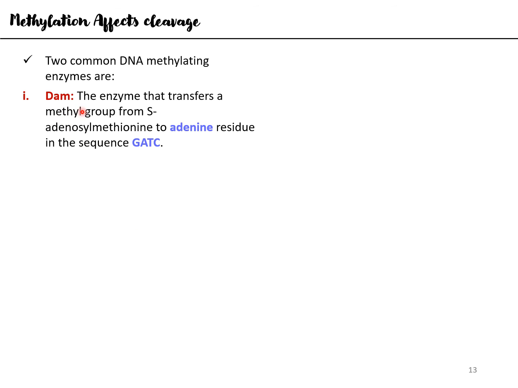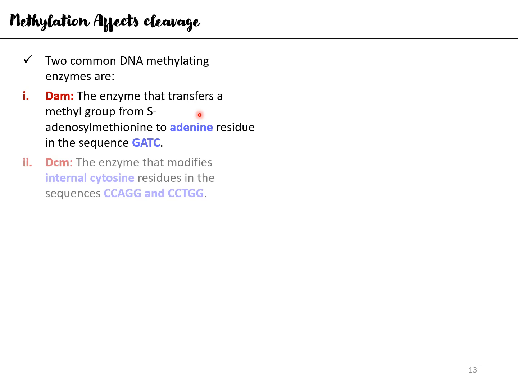So Dam is basically an adenine methylase. The other one is Dcm, which is a cytosine methylase. Dcm modifies the internal cytosine residues in the sequences CCAGG and CCTGG. The internal cytosine, that is this one, is the one that would be modified.